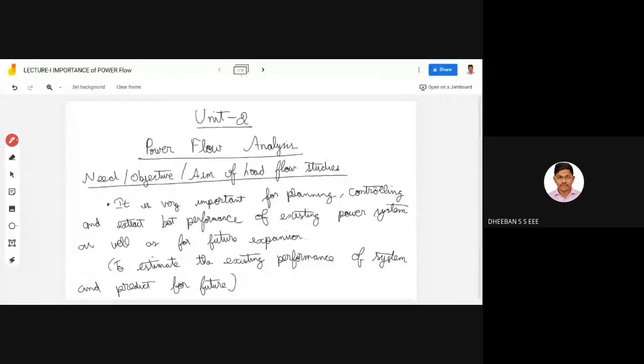So here predicting for the future means you have a particular interconnected power system network. After a particular period, that is after 2 to 3 years, the city is expanding, and you have to add extra industrial load to the network. Okay, so while designing such a power system network, the power system engineer should take into account the future extension capability.